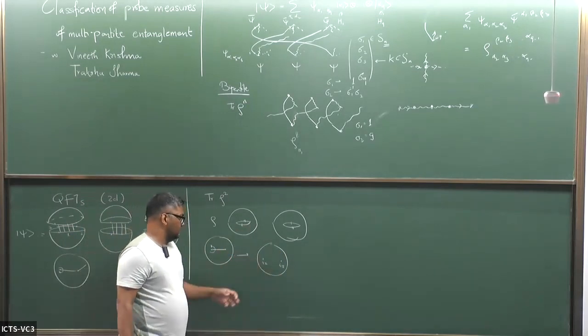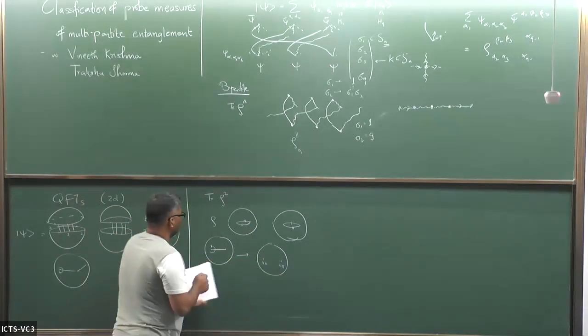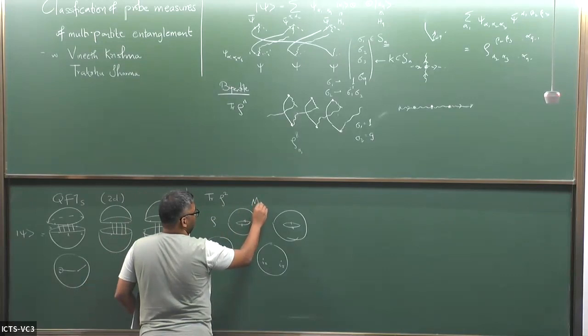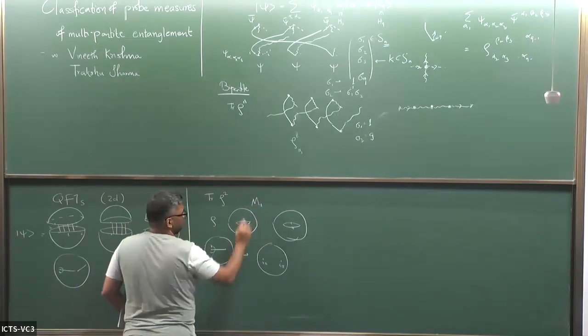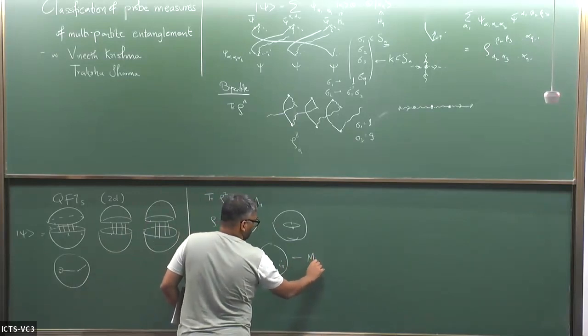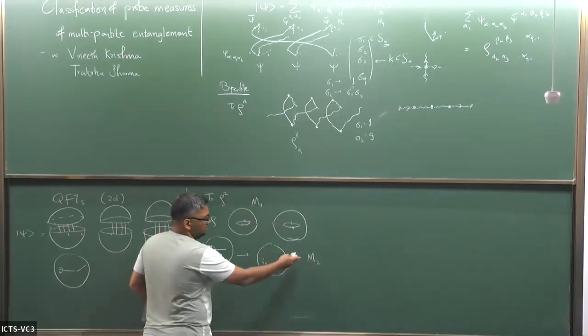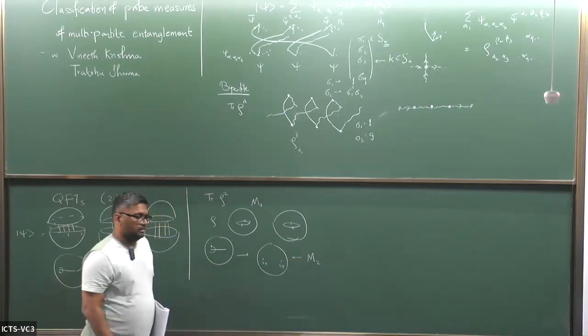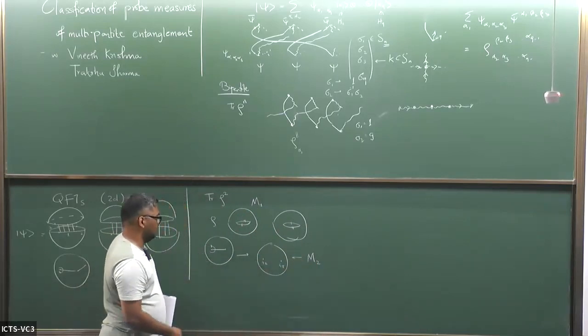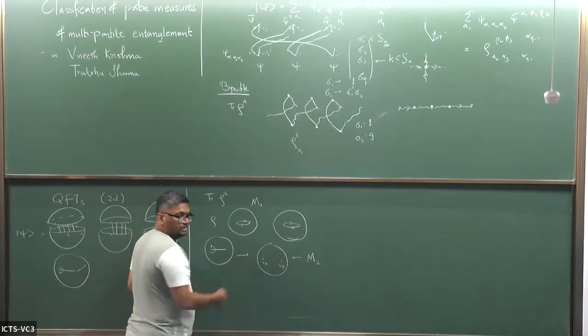So once you replicate, let's call the manifold on which you started M1, and after replication, you get M2. If you had n replicas, you would get Mn. Now what they do is consider a gravitational solution whose boundary is this M2.